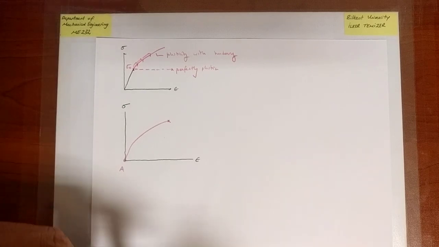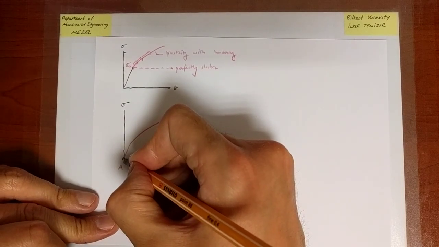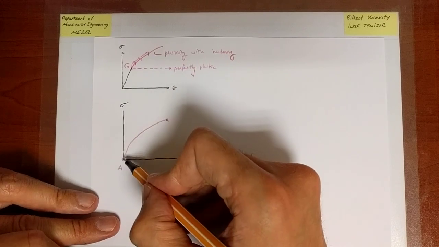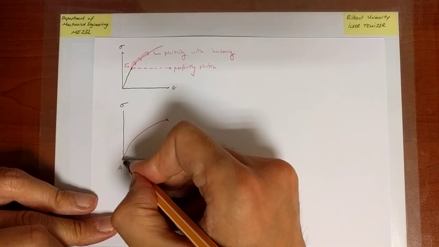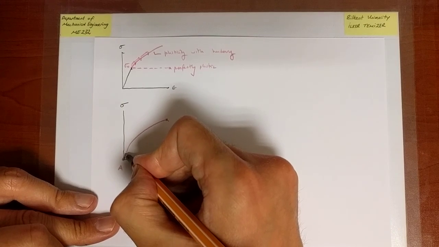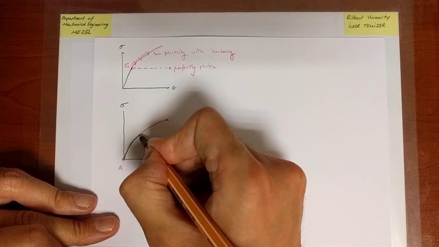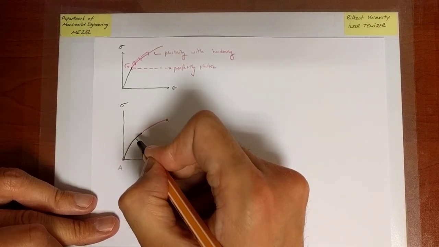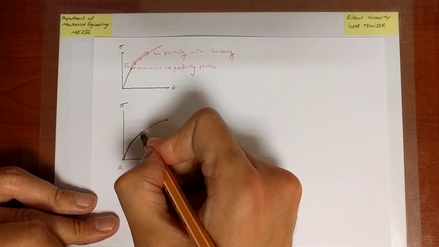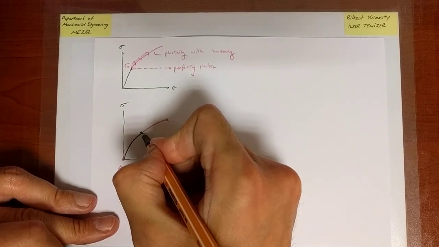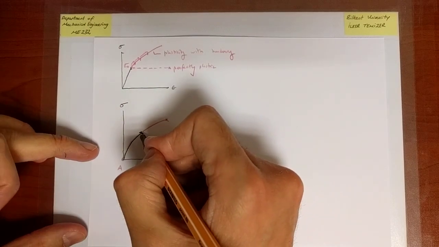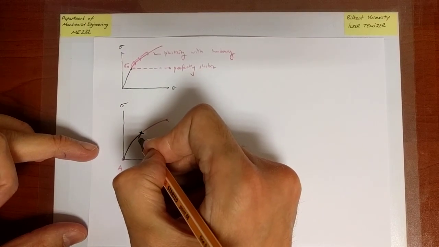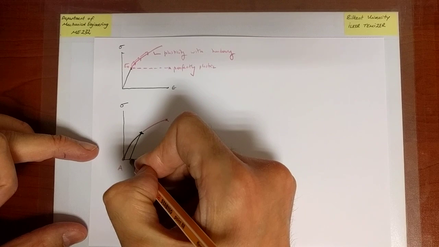The second specimen, what I do is I proceed as if I'm loading it along the curve, as if I'm going to break it. So I load it. It's the same specimen, so it behaves in the same fashion. But what I'm going to do is, at some point, unload, not break it, but unload it. And I'm going to come back to this point. Okay.